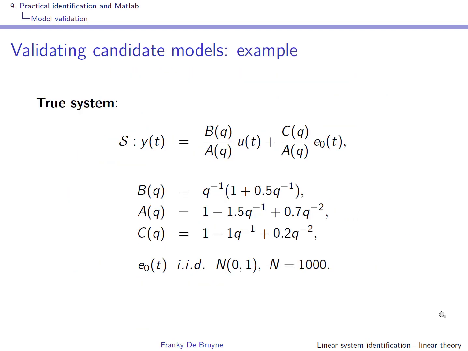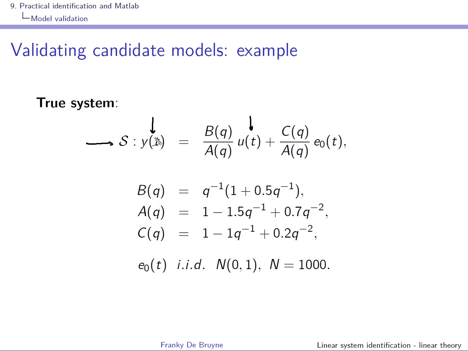In order to illustrate model validation, what we'll do is consider an actual system, a true system, the one that is over here, and simulate it in Matlab. So we obtain input-output data, u(t) the input and y(t) the output, and use these simulated inputs and outputs to identify the model.